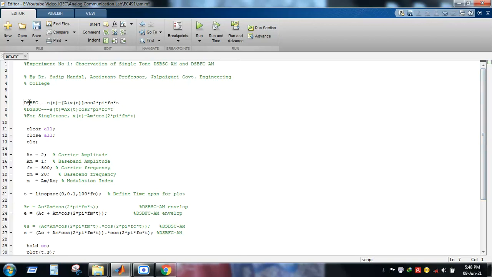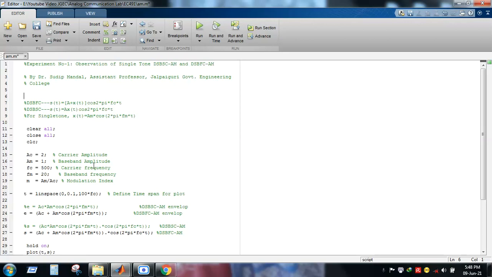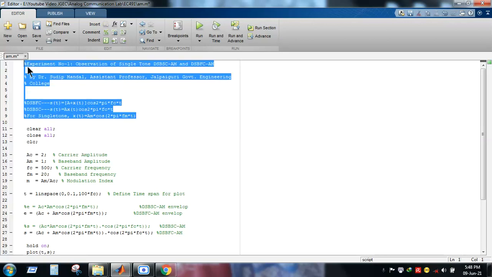If we give a percentage sign, in that case it will become a comment. So all these are comment lines, and the comment section will be shown as a green line. So these are all comments.